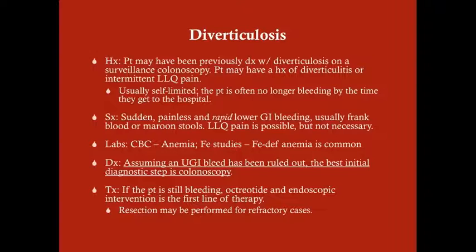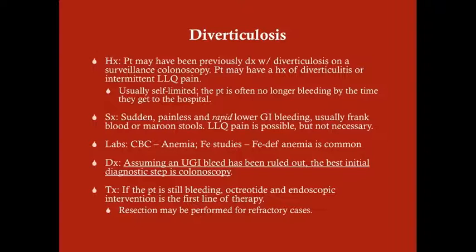You'll find the diverticuli. Treatment, if the patient is still bleeding, you're going to administer octreotide, and then endoscopic intervention. When you're doing your colonoscopy, you'll be able to do various different interventions. Sclerotherapy, I think you might even be able to band.